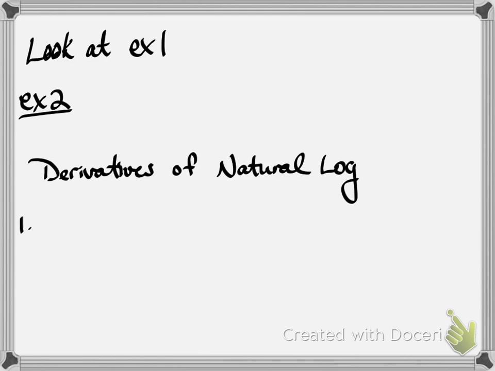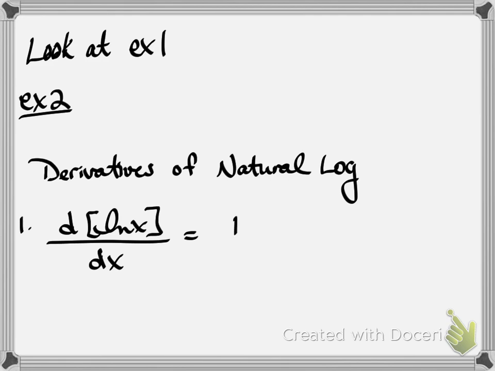The first one is the derivative of the natural log of x with respect to x. And this answer is just 1 over x, as long as x is greater than 0. We don't do anything with this. This is just keeping it legal. We can't take the natural log of a negative.